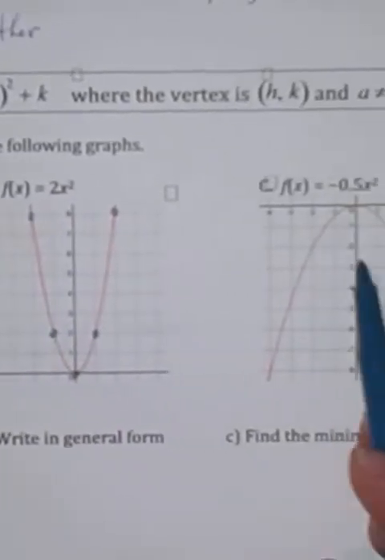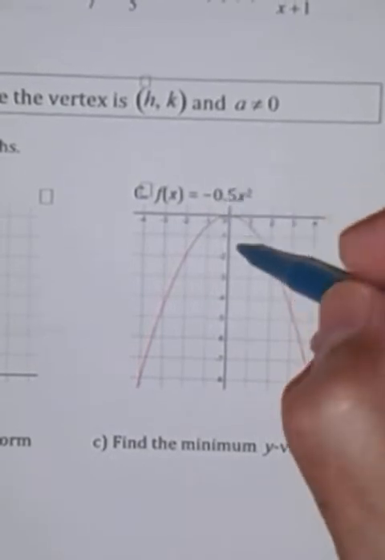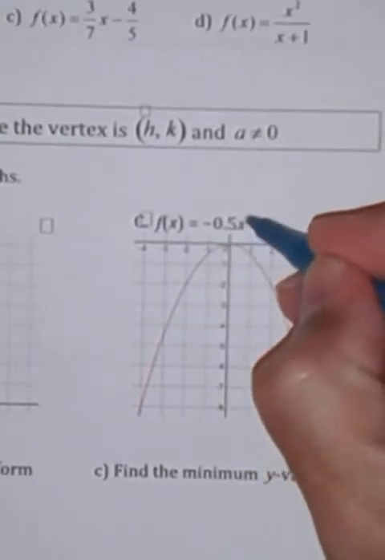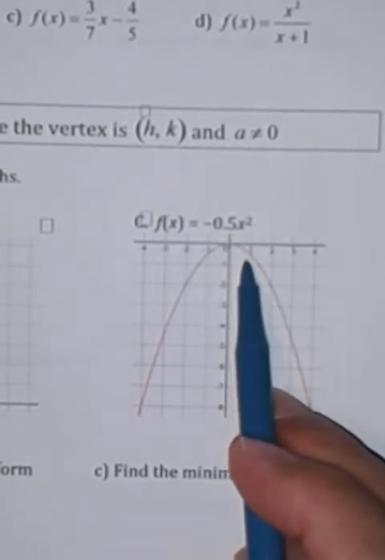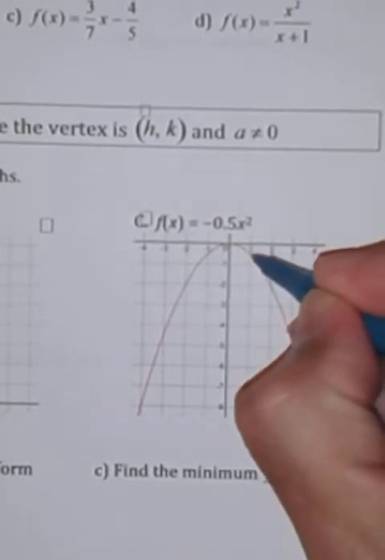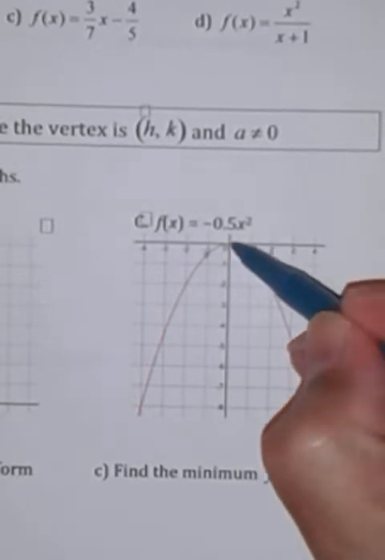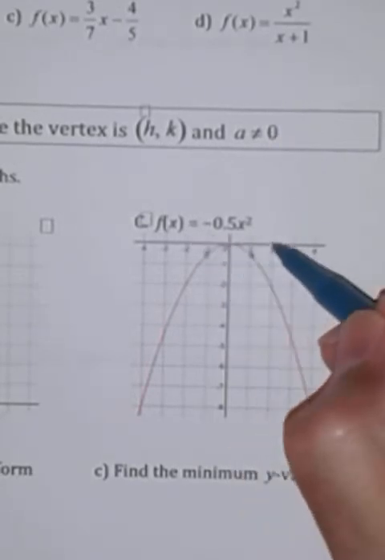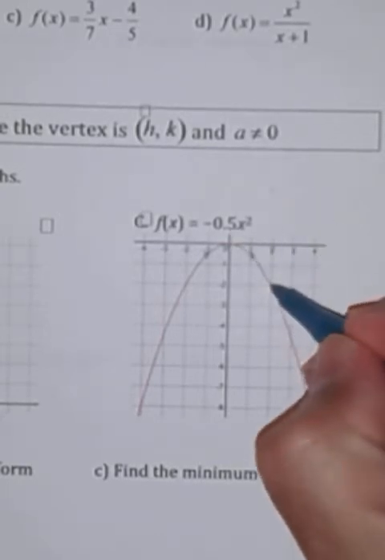And in fact, that's actually what happens over here. Now notice, if it was 1, I would go from the vertex 1 over to the left or right and 1 up. But if I multiply that 1 up times -0.5, it's half down. And instead of going 2 over and 4 up, it's going to be 2 over and only 2 down, because it's negative.